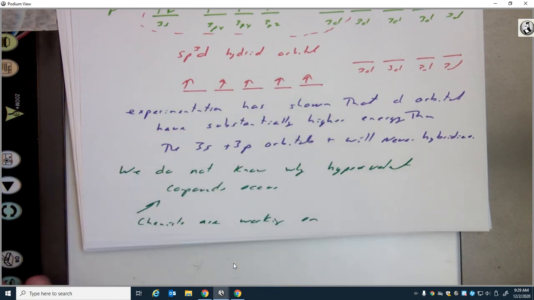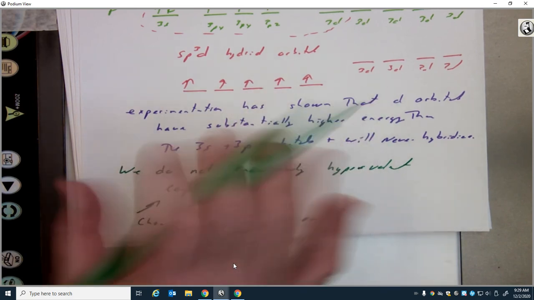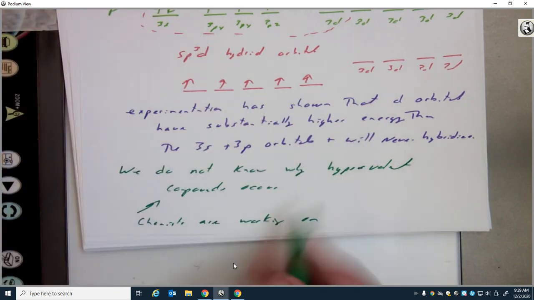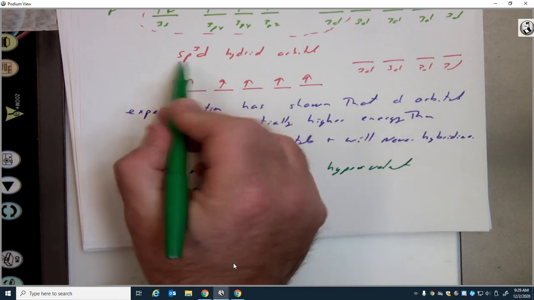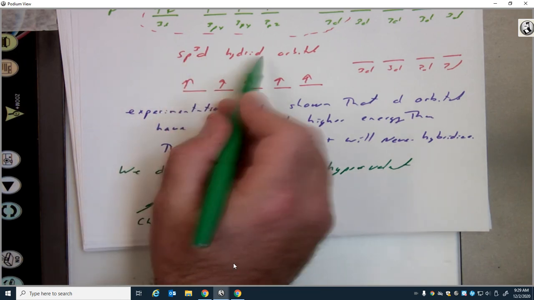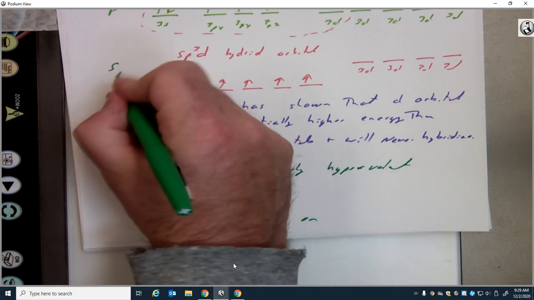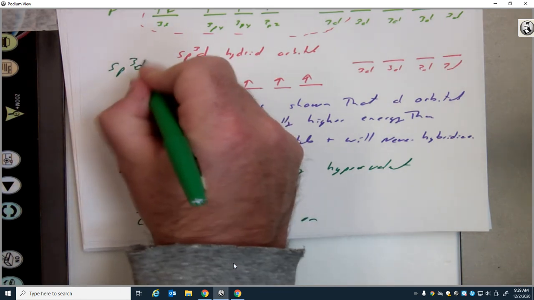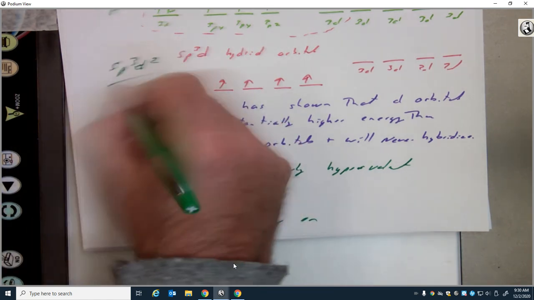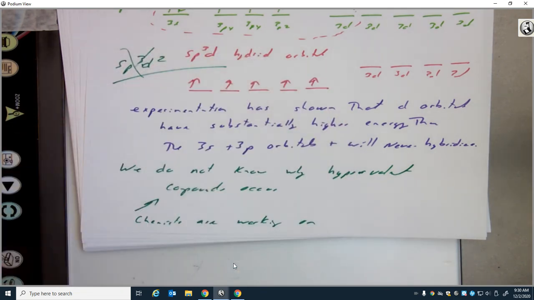Why do we get these expanded octets? Okay, so you don't have to be able to deal with hypervalence. So if you ever see sp3d hybridization or even sp3d2 hybridization, you don't need to know those, okay? Don't need to know them.